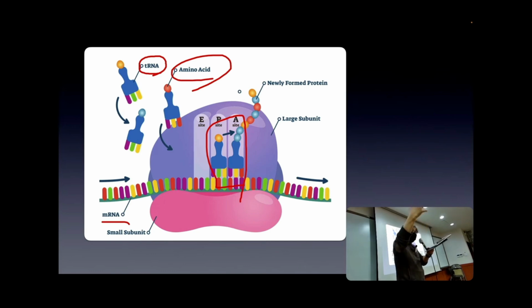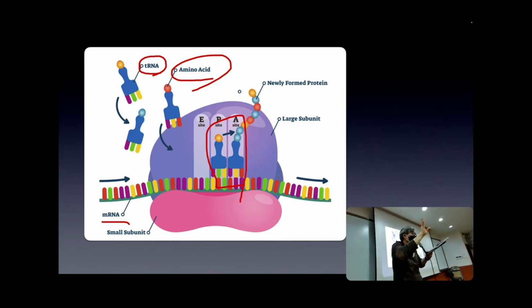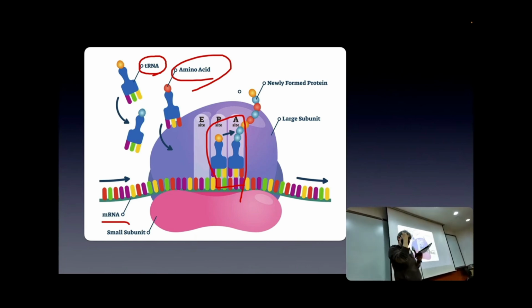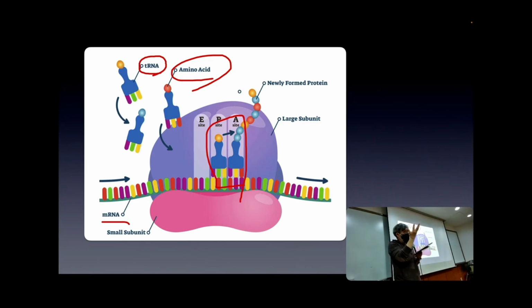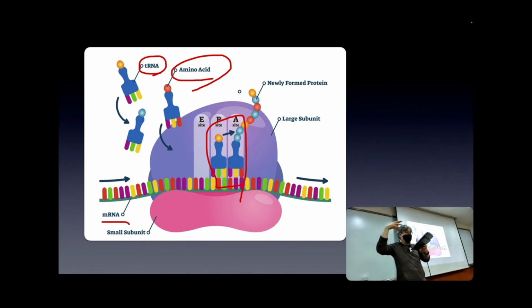If we utilize 20 different amino acids in this protein assembly, at least how many different types of tRNA should we have, if each different type of tRNA acts as a carrier of an amino acid? So at least we should have 20 different transfer RNAs, but we actually have many more than 20 different tRNAs for some reason.